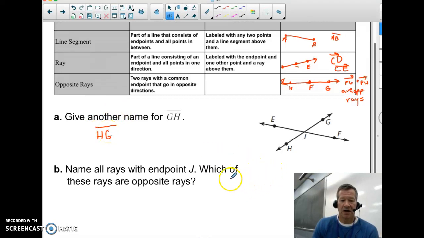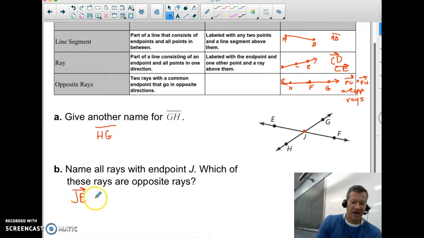Okay. Name all rays with endpoint J. Well, here's J right there. So there's a ray JG, JF, JH, JE. There's 4 of them. Now, ray JE and ray JF are going in opposite directions.